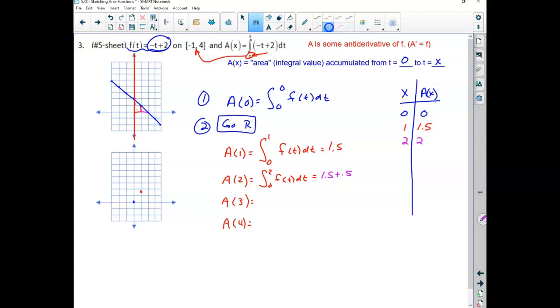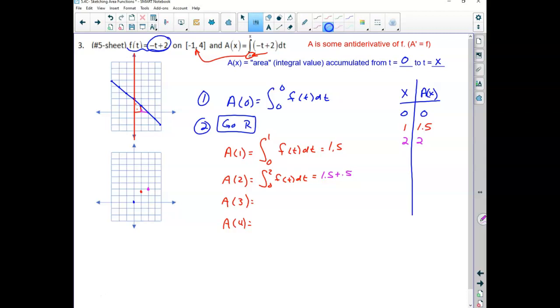That's kind of weird. Now check it out. I'm still accumulating positive area from 1 to 2, but the area I'm accumulating is decreasing, which means what? I'm accumulating positive area at a decreasing rate. Concave down, maybe. Can you see it?